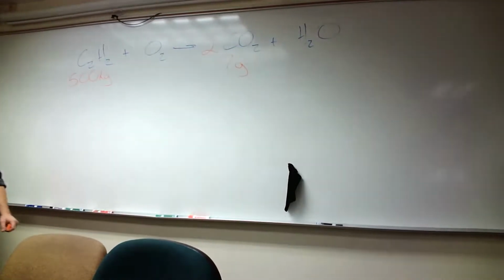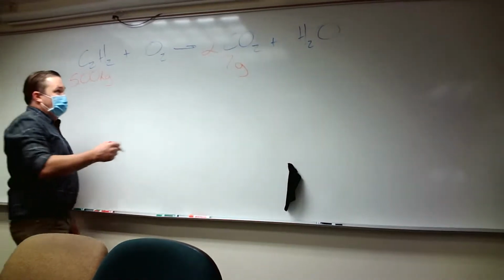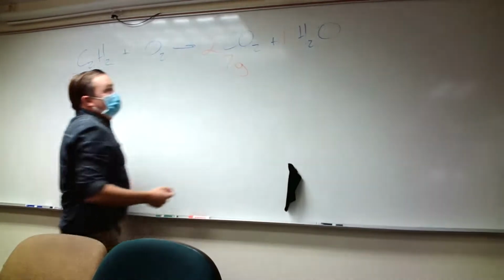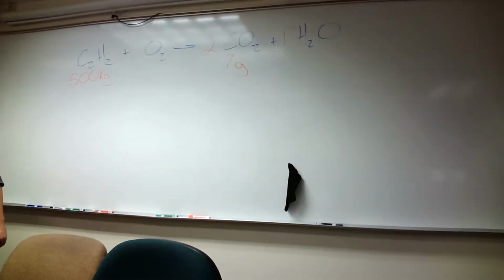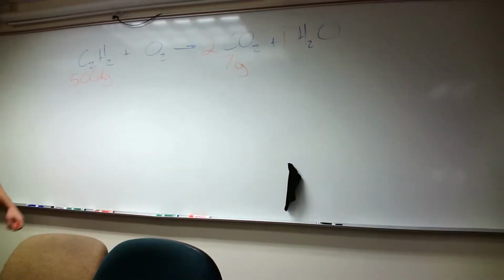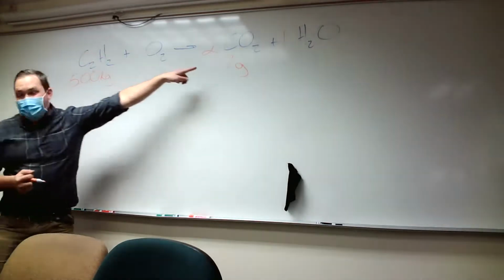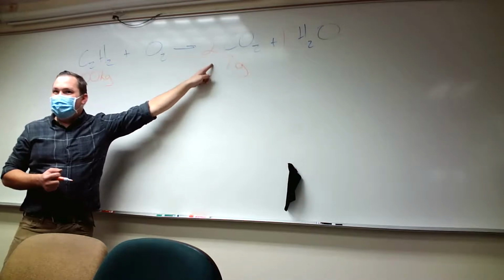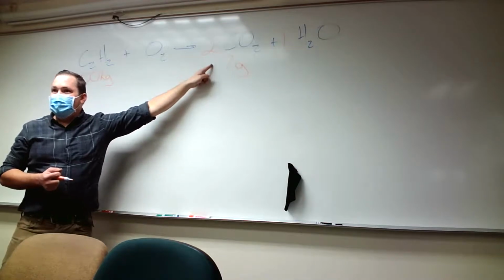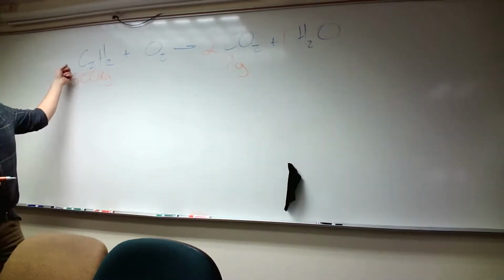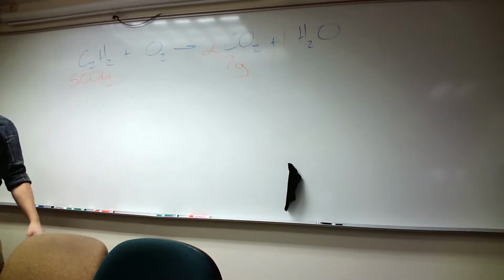I start by balancing carbons and then hydrogens. 2, 5, 4, 2. We wind up with an issue, right? Because we have 5 oxygens over here and we can't have an odd number. So if everything's balanced except for the oxygens, then all we have to do is multiply everything we already did by 2.